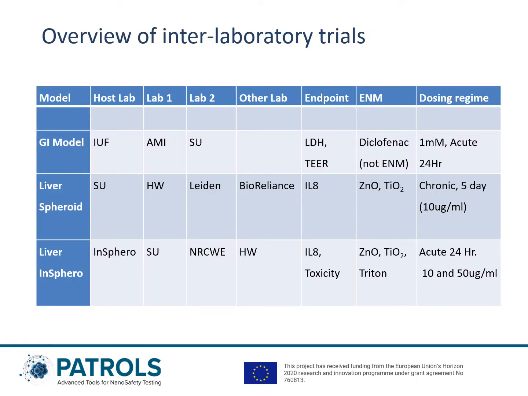So at the start of this task, we decided to share 3 different models, one gastrointestinal tract model from IUF, the liver spheroid model from Swansea, and the InSphero model of the liver as well. We looked at different endpoints for each model, different treatments, not always nanomaterial treatments, sometimes a drug treatment, and we decided upon the dosing regimen as well.